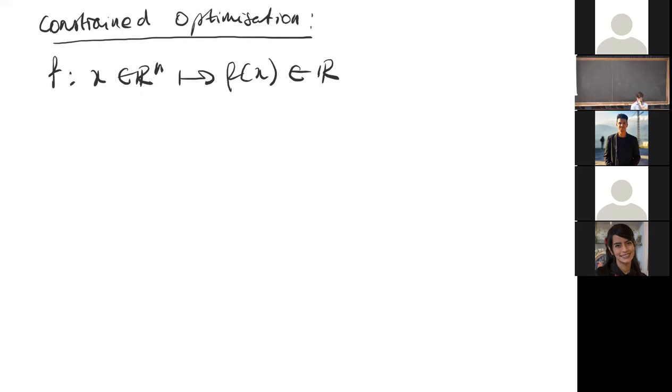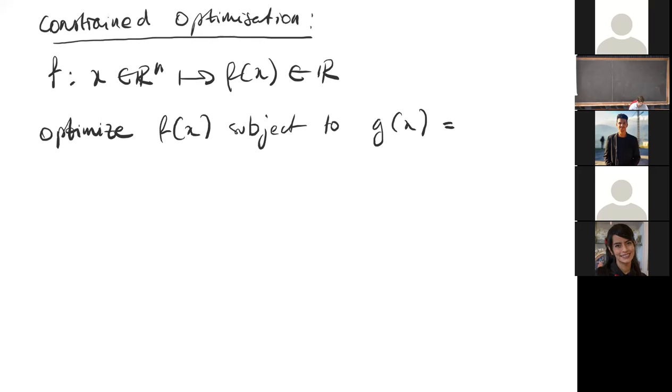The constrained optimization problem is the following: optimize f of x subject to g of x equal to some constant. You can consider more than one constraint. It could be g1 of x equals c1 and g2 of x equals c2, etc.